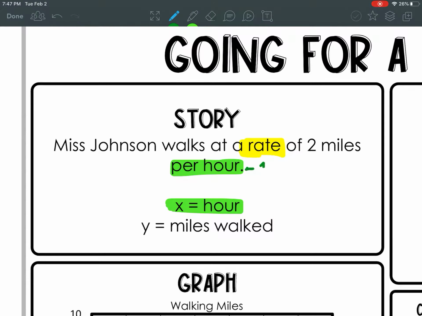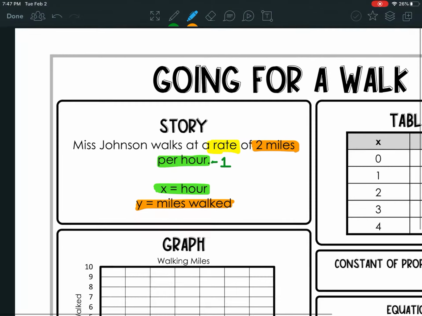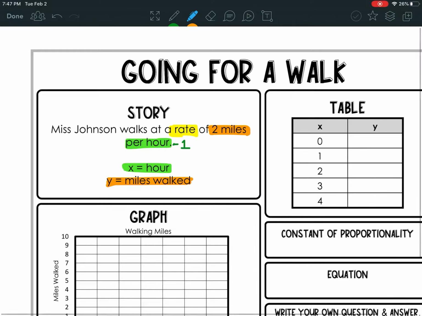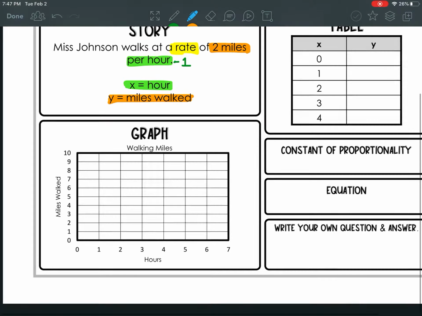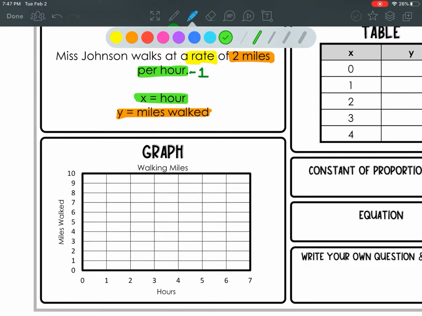So we have per hour. Per hour up here means per 1 hour. Okay? The Y we have as miles walked. So the number of miles that Miss Johnson walked was 2 miles. So we have 2 miles per hour is her constant rate that is changing throughout this story.